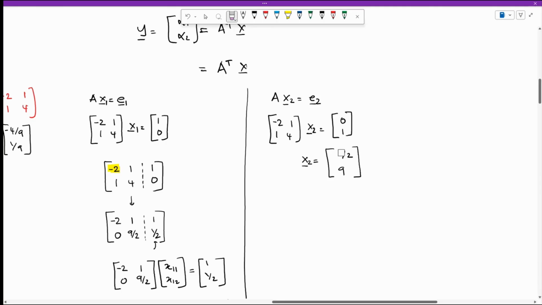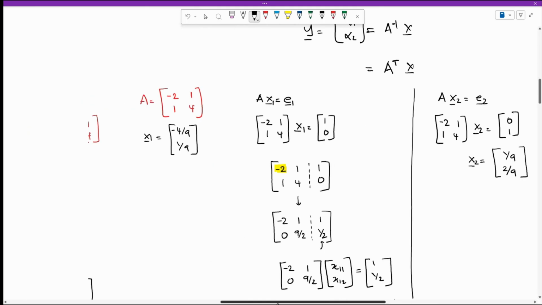This I know. What is it? 1 by 9, 2 by 9. I think that is correct. Okay. So I have x2.